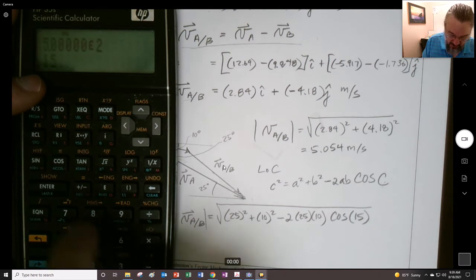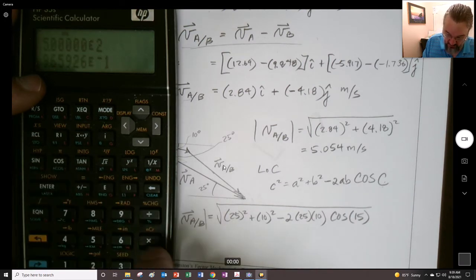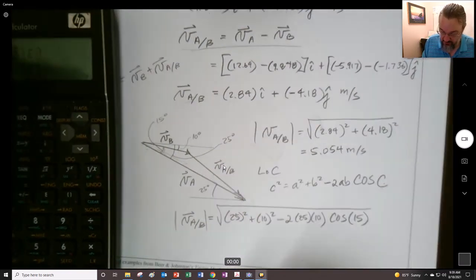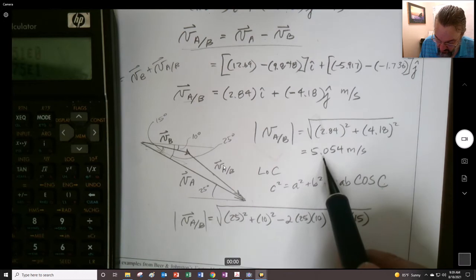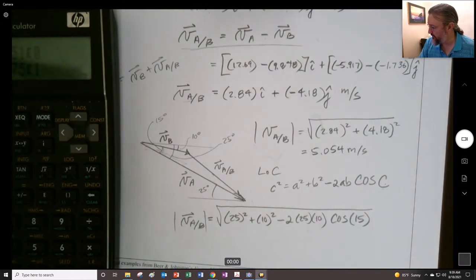And then 15 cosine times that, and if I subtract that out and I take the square root, I messed it up. Which actually kind of makes sense. One second. Let me fix this.